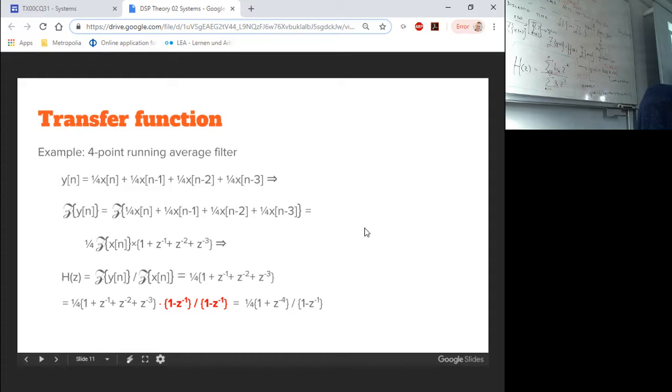Okay, that's the transfer function for this system, which is based on the feedback. Then we had the difference equation, which was a little bit different.